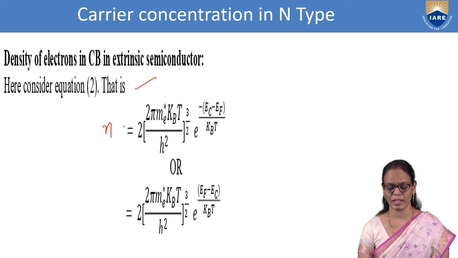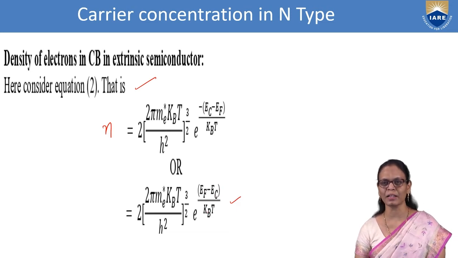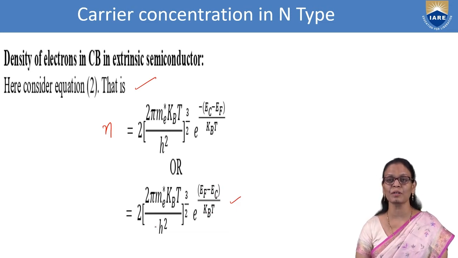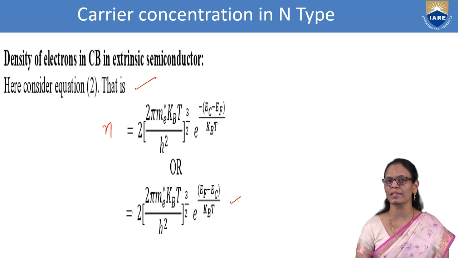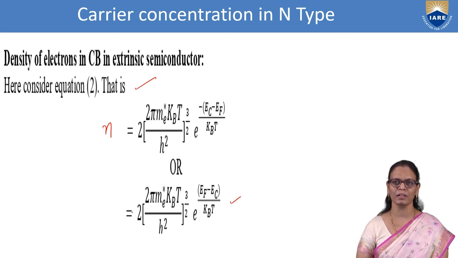N is equal to 2 into (2 pi me kB T by h square) power 3 by 2 into e power minus (EC minus EF) by kB T. You can also write it as e power (EF minus EC) by kB T. This expression gives us the concentration of electrons in the conduction band.